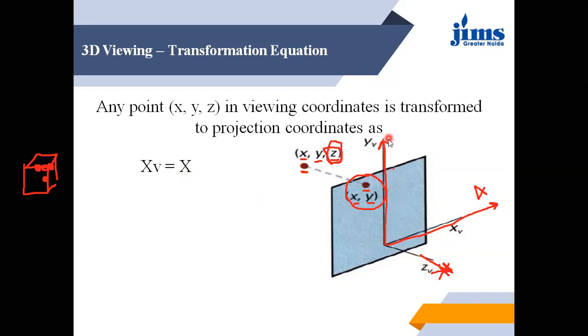Value of y on the y image axis will be same. What happens only to the third, that is z axis: the value on z axis becomes 0 instead of z.